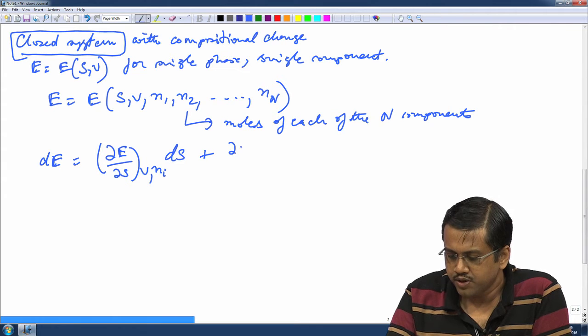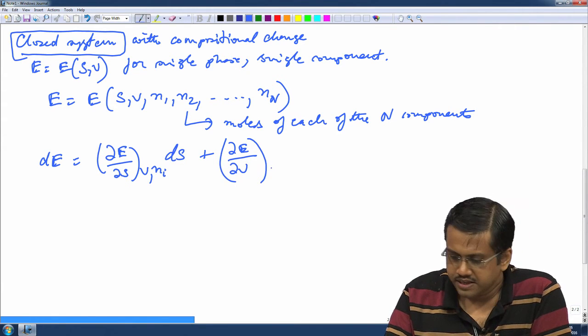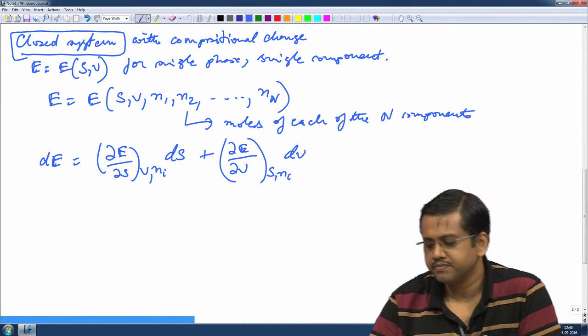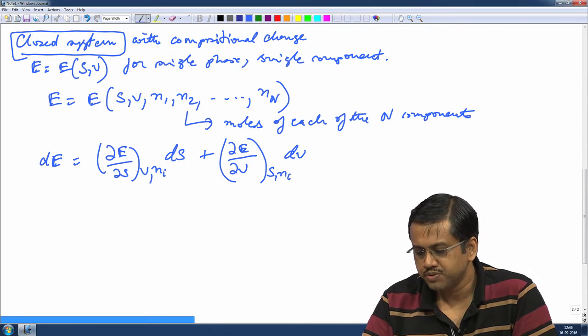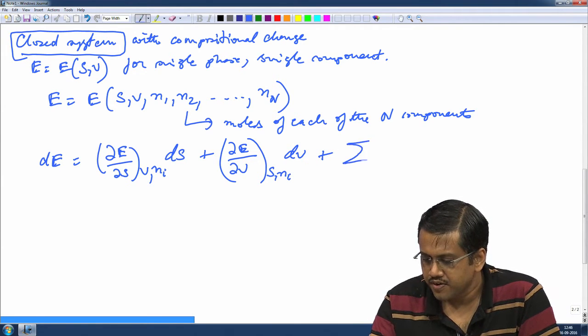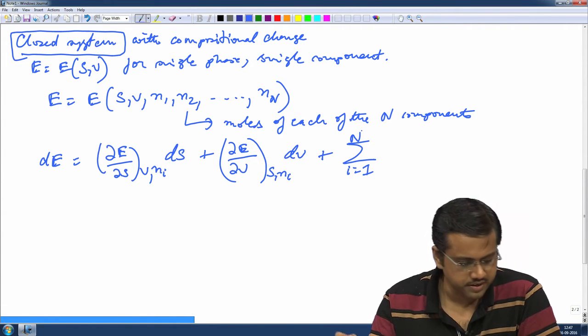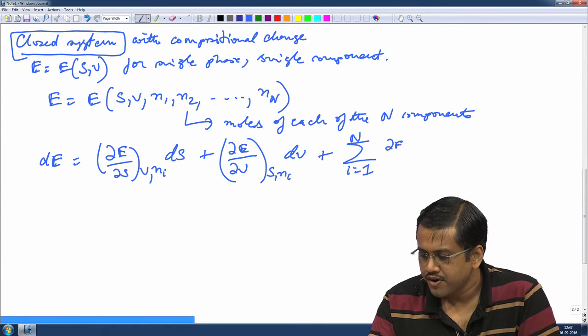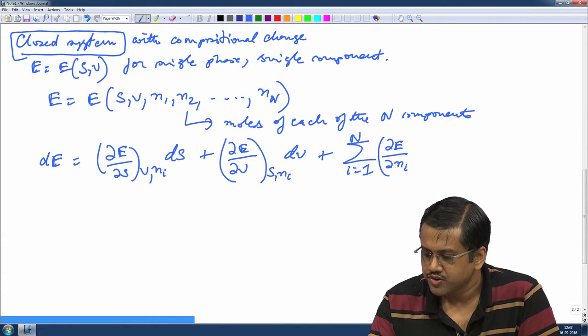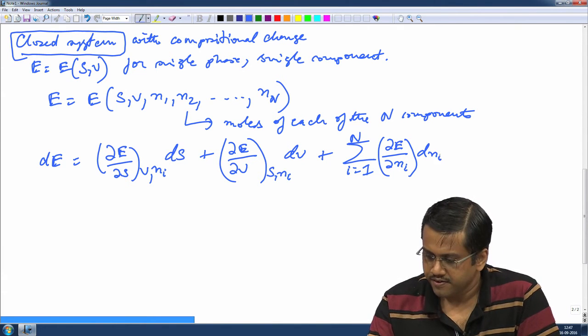The second term will be, as you can guess, very standard: dE by dV at constant S and Ni, differential with respect to V. And lastly, now you have a summation from 1 to n of dE by dNi, right.